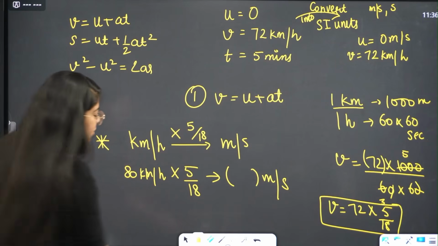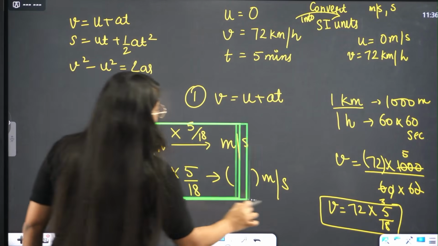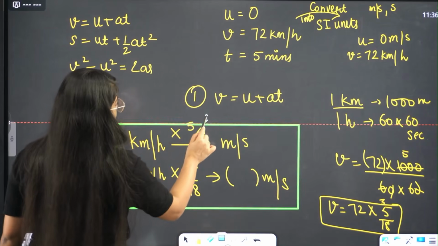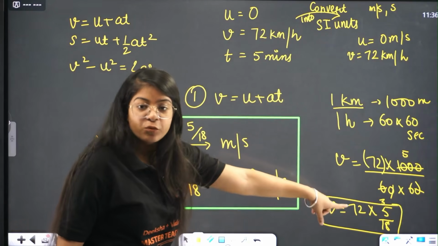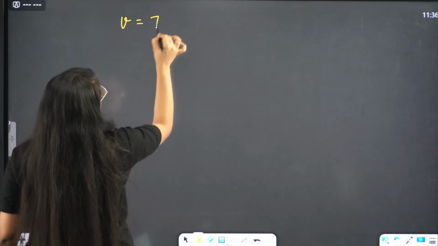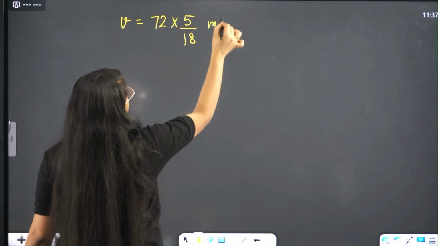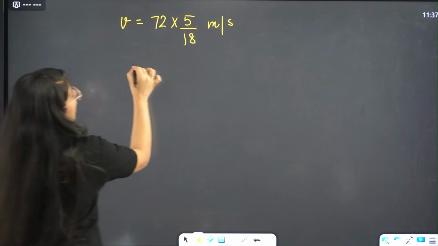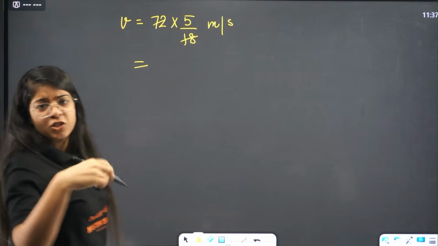Understood? Okay, great. Now we have to convert this 72 kilometer per hour into meter per second. So what we did: V equals 72 into 5 by 18. Now this becomes meter per second. Now how much does 18 go into 72?